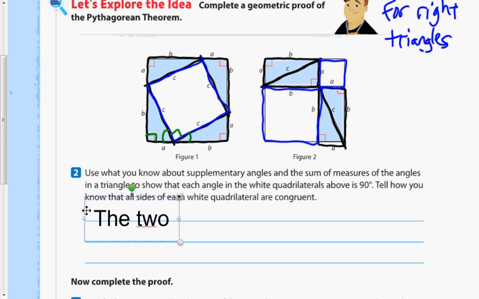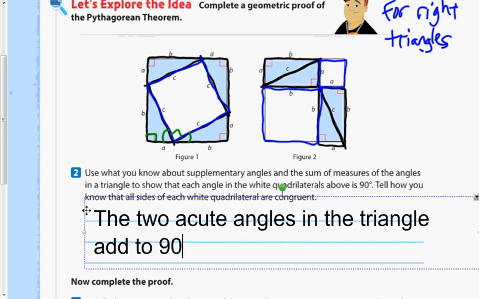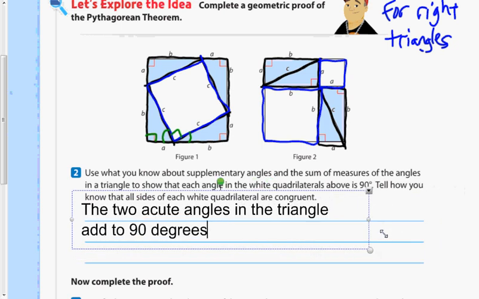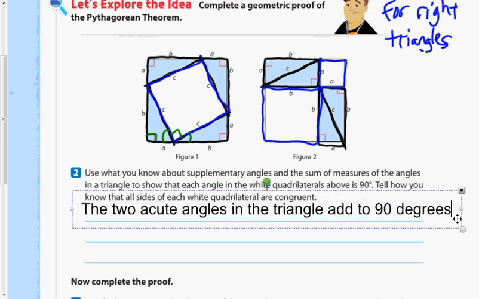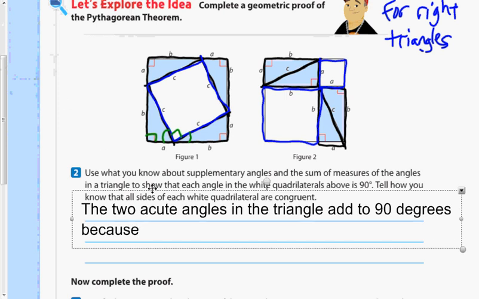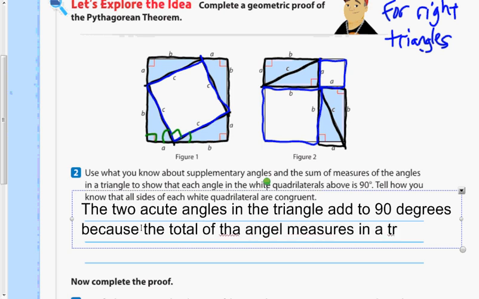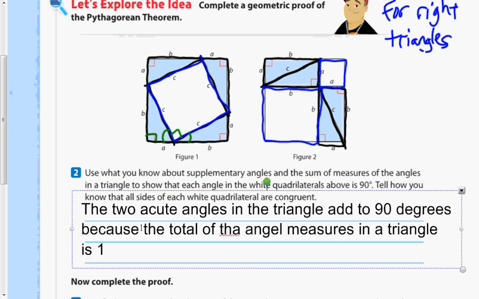I could say the two acute angles in the triangles add to 90 degrees, because the total of the angle measures in a triangle is 180 degrees.